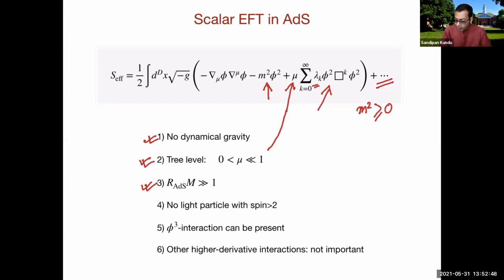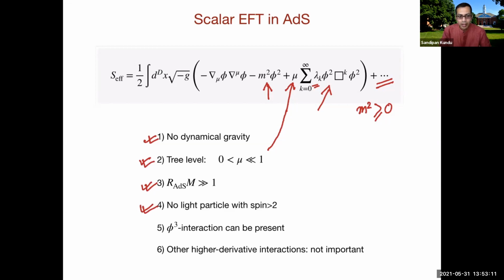But I'll make one assumption about what other things there can be in this system. I'm going to assume that no light particle with spin greater than 2 is present. So there can be high spin particles, but their mass is above the cutoff scale.